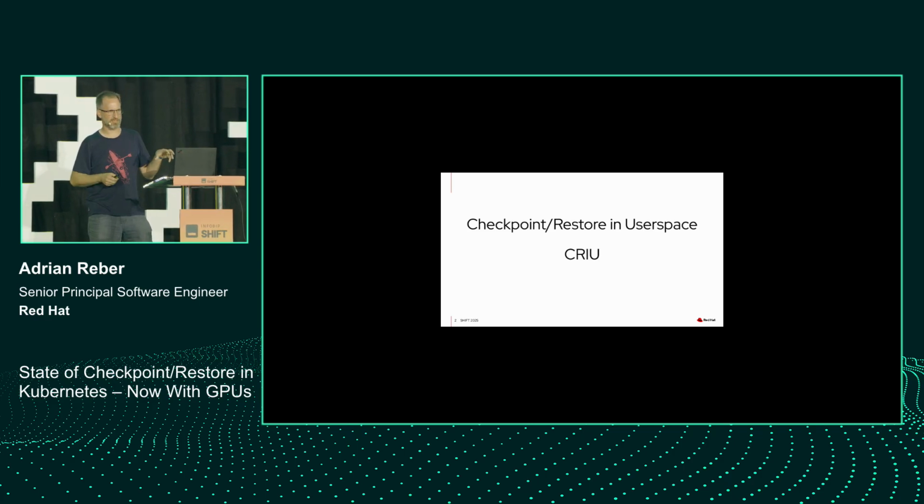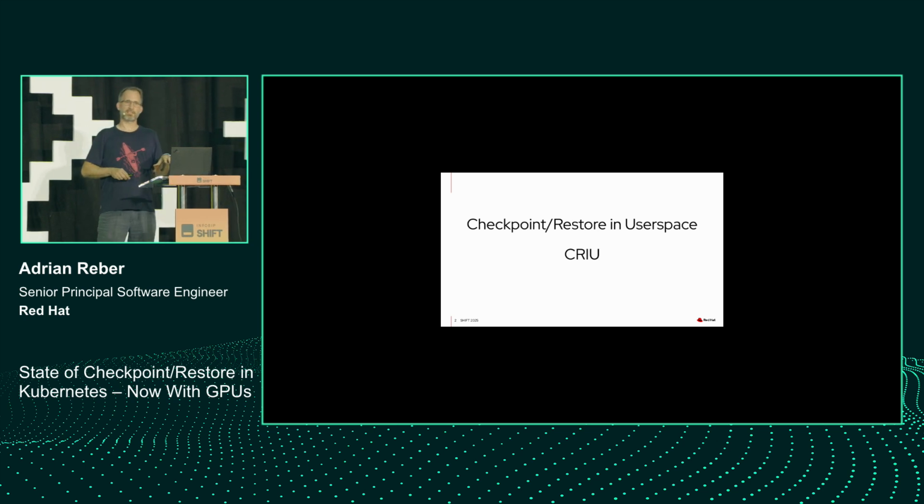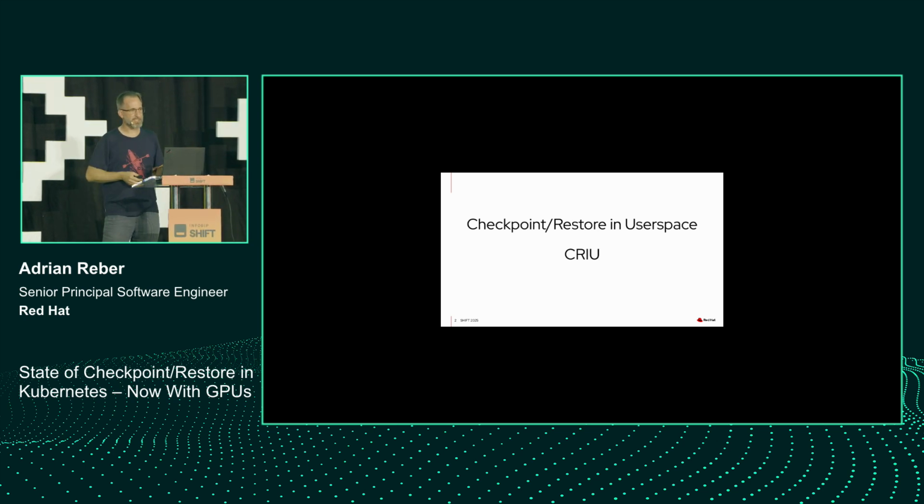Checkpointing and restoring processes is a technology which exists in computers and Linux for a long time. And especially in Linux, it was used for high-performance computing for many years, because the reasons were basically the same as they are today. You have something which is running a long time. You want to make sure it keeps on running.